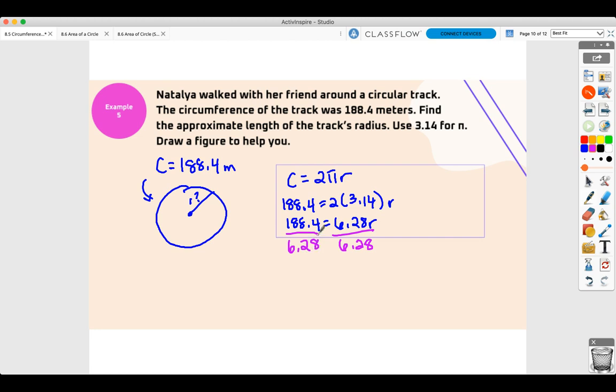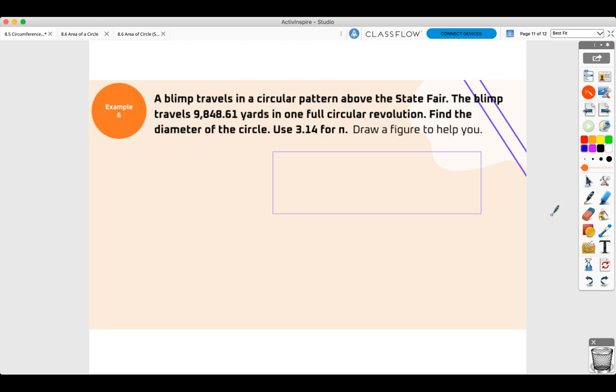So 188.4 divided by 6.28. That goes away. So the radius is going to be 30 meters. Maybe pause the video and try this one out on your own.